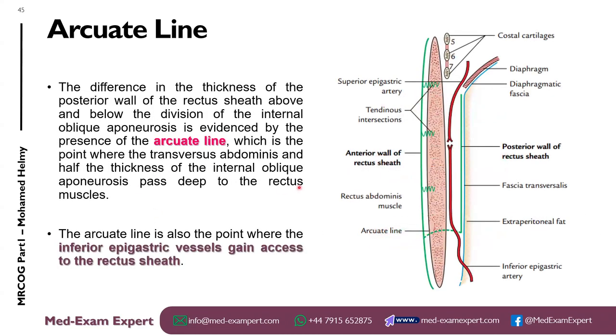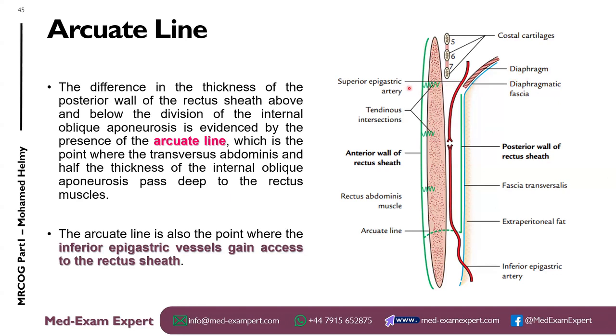Okay, this picture will give you another imagination about how the sheath is different. Here, this is the recti muscle, okay? From above to below, the muscle should be covered by the rectus sheath posteriorly and anteriorly. This is anteriorly, and this is posterior. But look here.